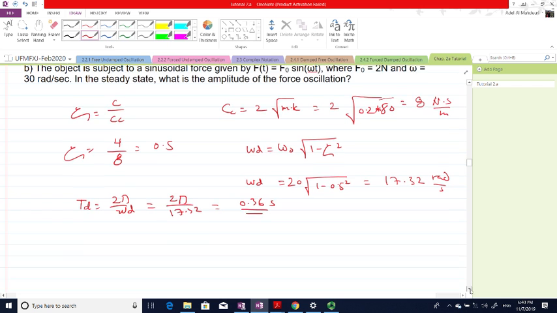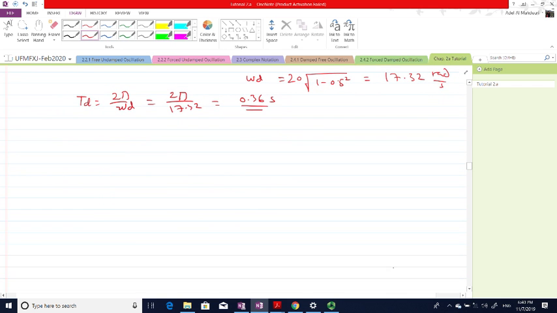For part B, also there is another formula for the amplitude. The amplitude is equal to F naught over K divided by square root of (1 minus R squared) plus (2 zeta R) all squared.